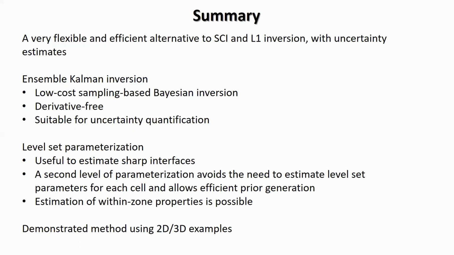We don't need to form a Jacobian, and it has this really immense value of being able to get some uncertainty estimation from our final model. We use a level set parameterization, which is useful to estimate sharp interfaces, and we can add some heterogeneity within that zonation as well. And we demonstrated this for 2D and 3D examples.